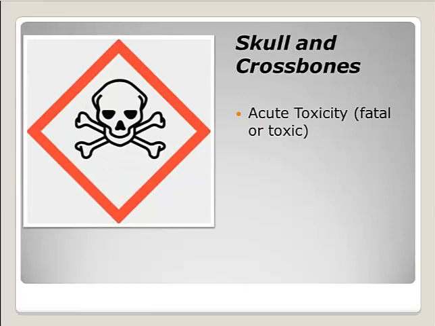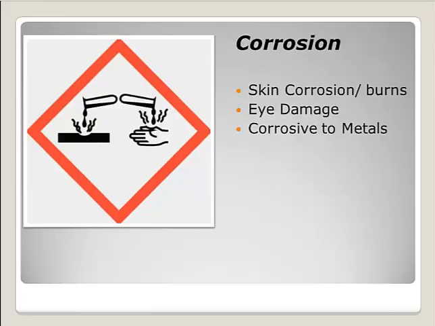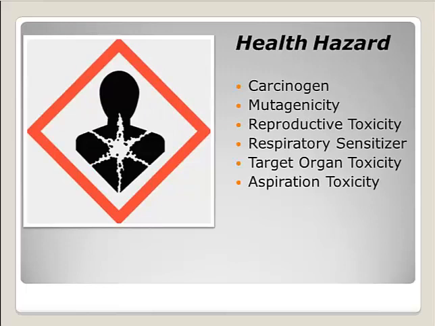Skull and crossbones. No mixing issues there. It is acute toxicity, fatality. Corrosion, skin corrosion, burns, eye damage, corrosive to metals. Health hazards would be listed with this pictogram and then discussed as well.